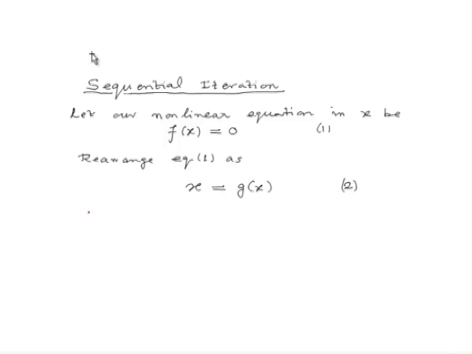Now, our iterative process or iteration scheme, let us say our initial guess is x subscript 0.